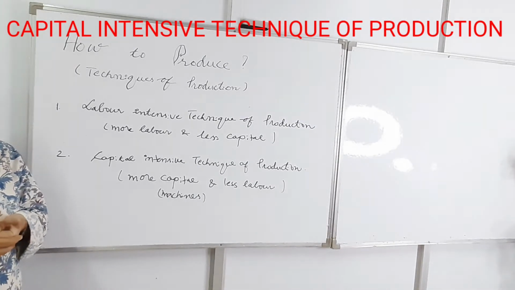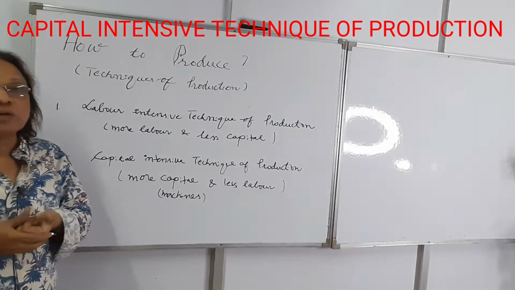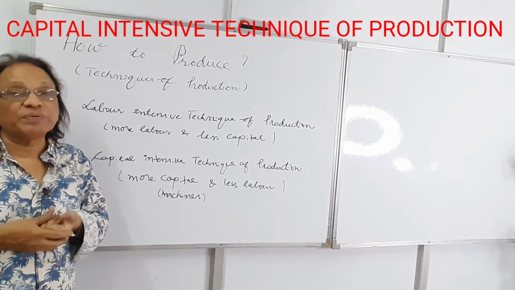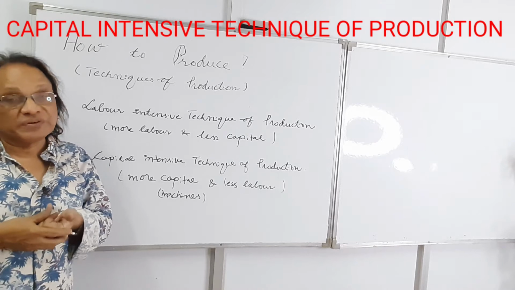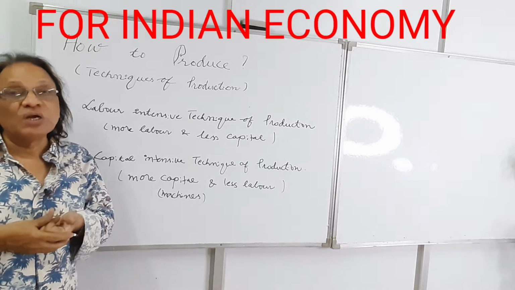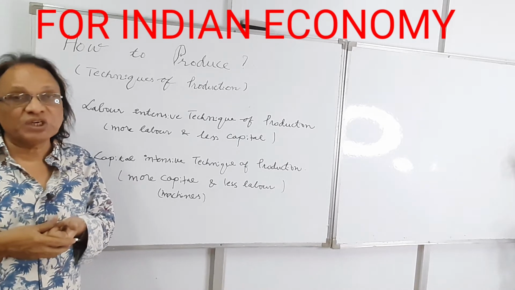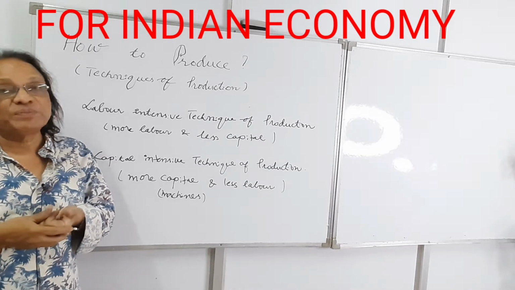That's why in Indian agriculture you see mostly they employ laborers because the laborers are very cheap, rather than going in for choppers or tractors or other harvesting machines. The farmers can't afford it.